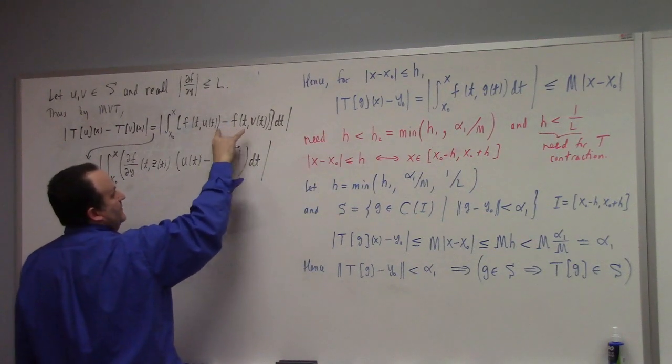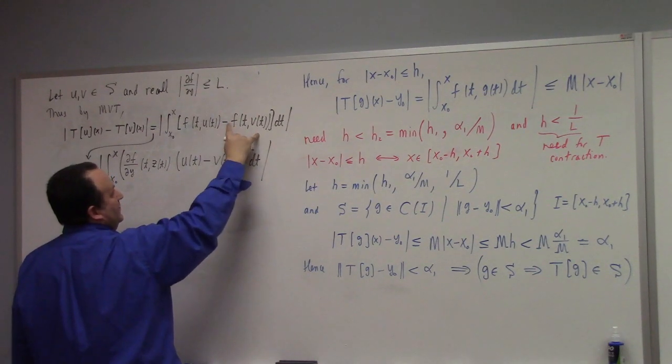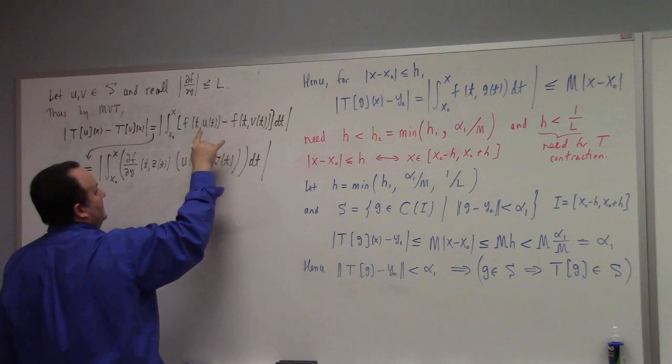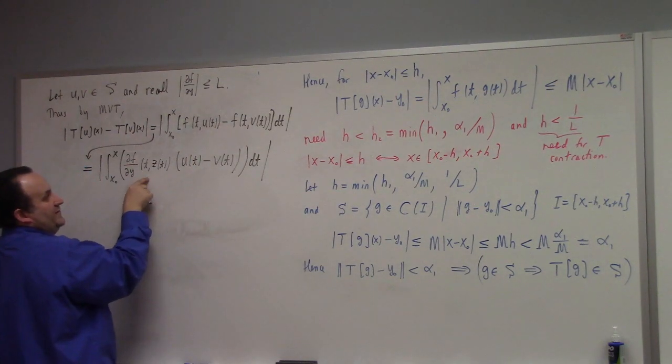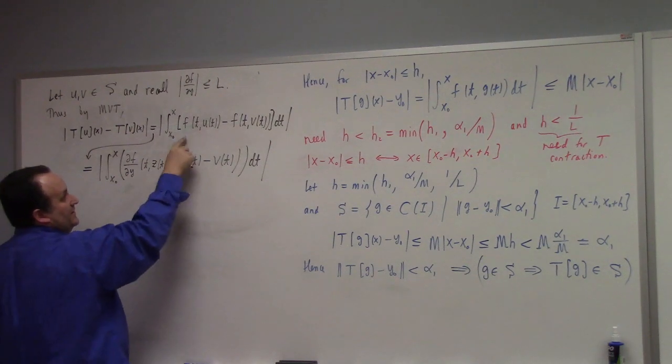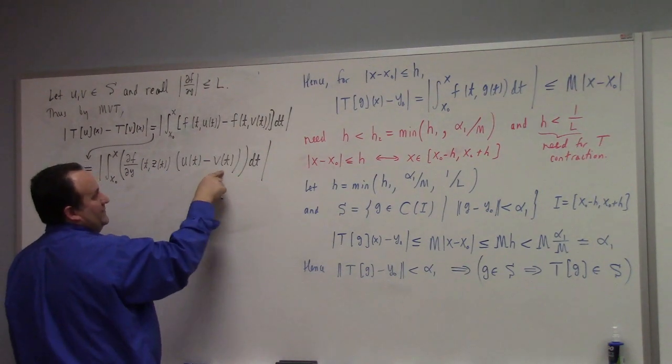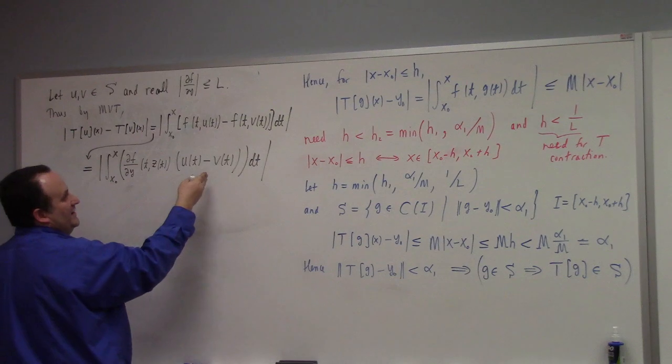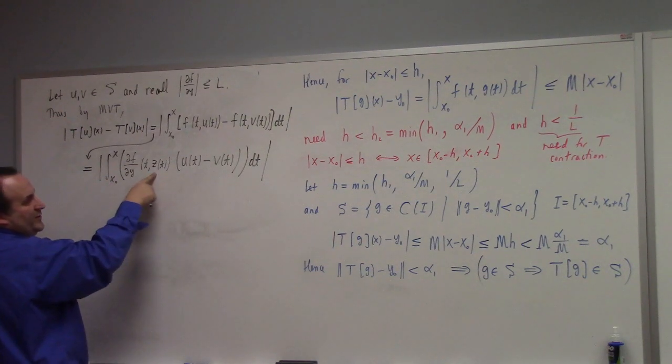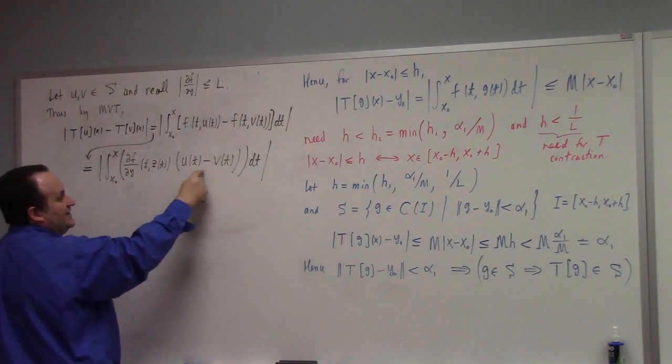See that? So the mean value theorem says that partial f, partial y is equal to the average rate of change in y holding t fixed, right? But so the average rate of change in y holding x equal to t fixed would be this divided by that. But we multiply it to the other side, we have this. And here the z of t has to be somewhere between u of t and v of t.